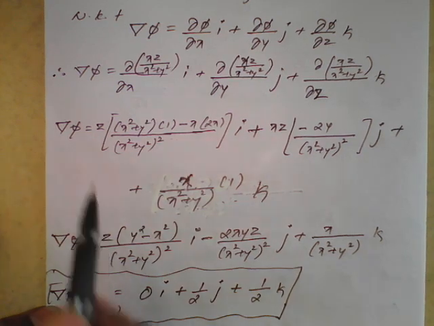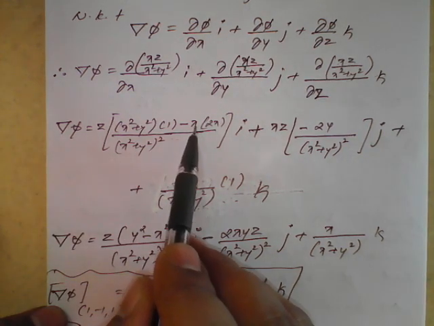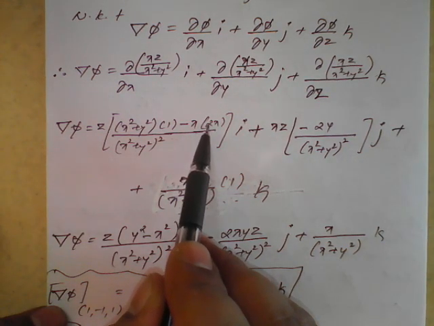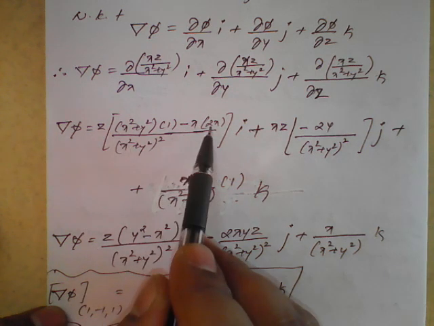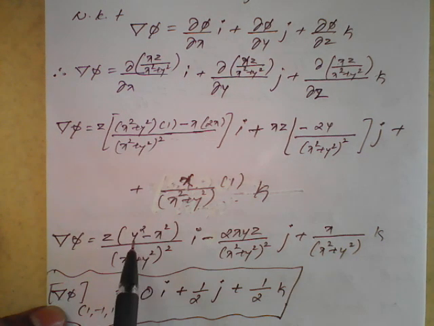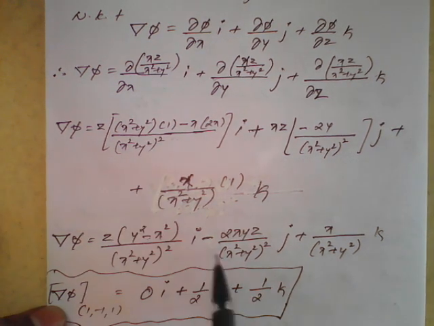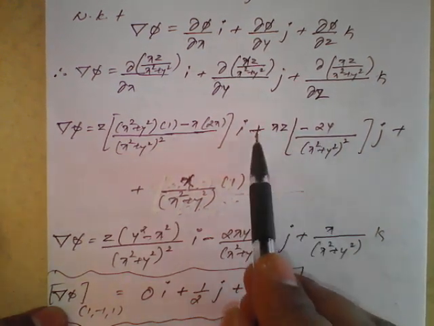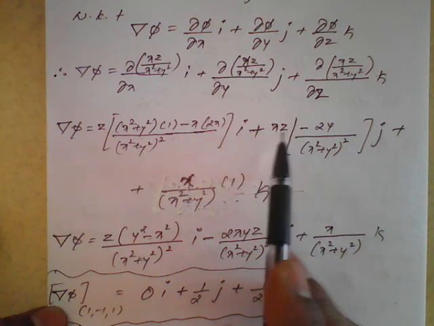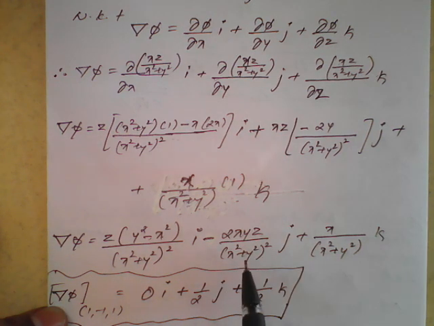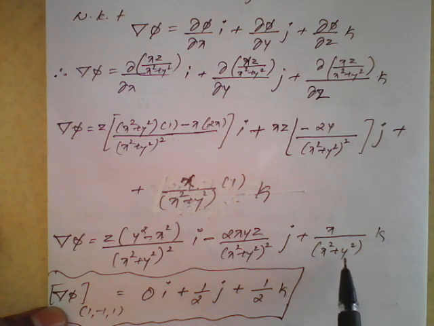So this will be z into, if you open the bracket, minus 2x square plus x square, which becomes minus x square. Therefore it will be z into y square minus x square divided by the denominator, for i, minus this simplified, plus into minus is minus 2xyz upon (x square plus y square) whole square for j, plus here x upon x square minus y square.